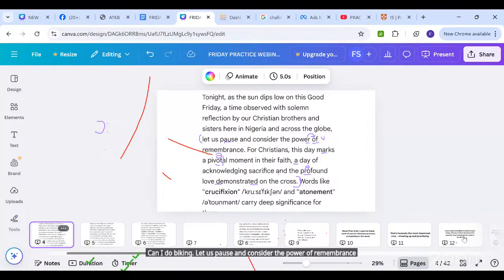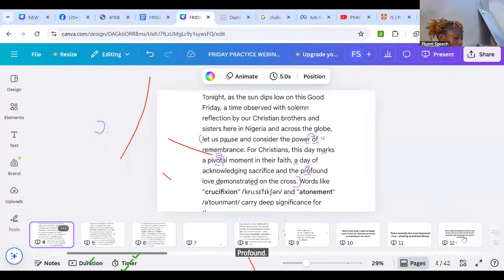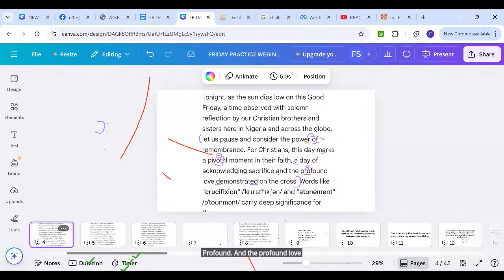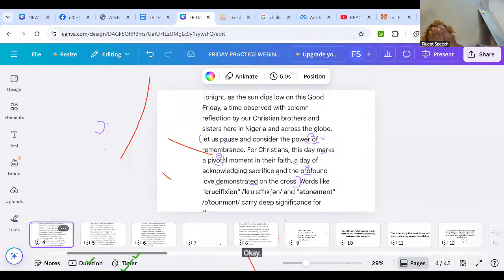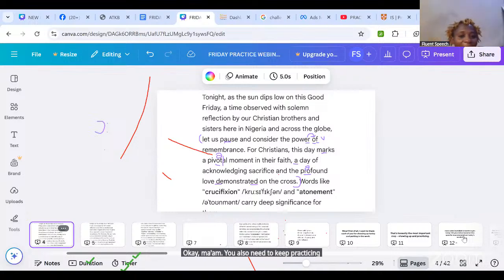For Christians, this day marks a pivotal moment in their faith, a day of acknowledging sacrifice and the profound love demonstrated. Profound love demonstrated on the cross. Thank you. Okay, ma'am. You also need to keep practicing.